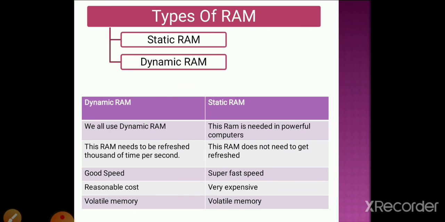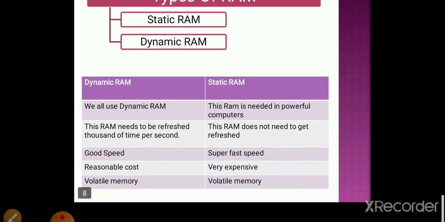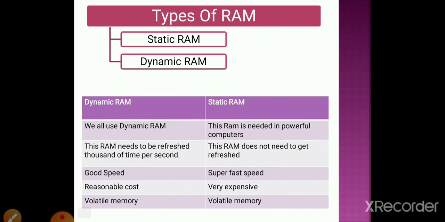Dynamic RAM speed is good and static RAM speed is fast compared to dynamic RAM. The cost of dynamic RAM is reasonable and the static RAM cost is very expensive. Both are volatile memory.